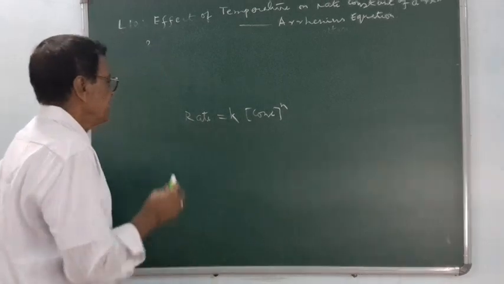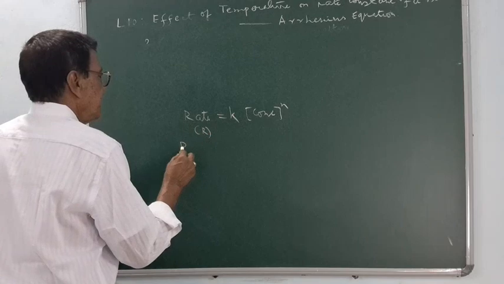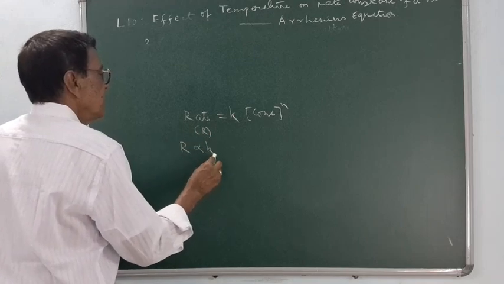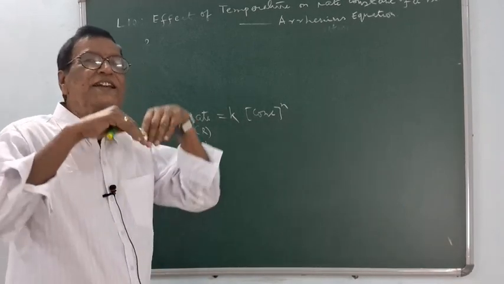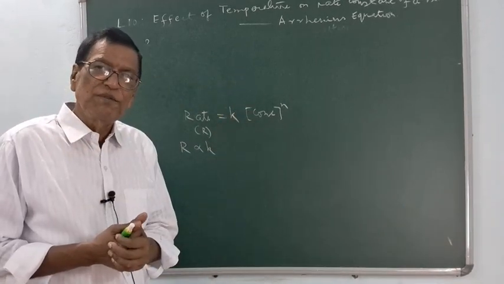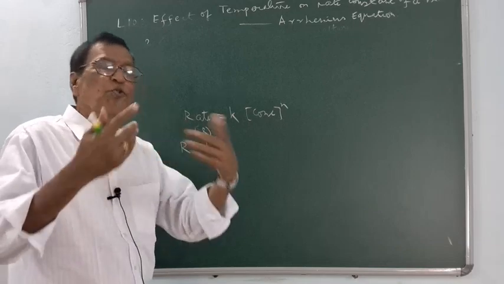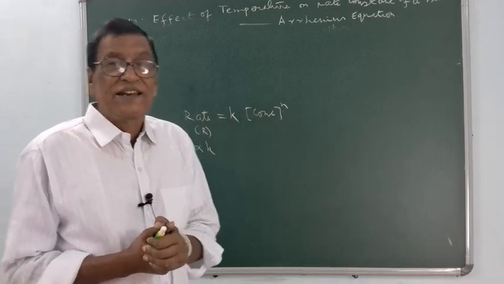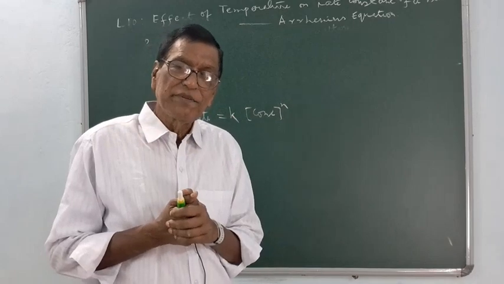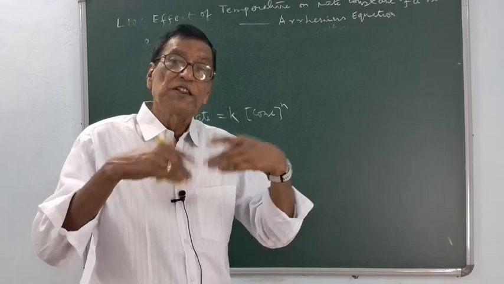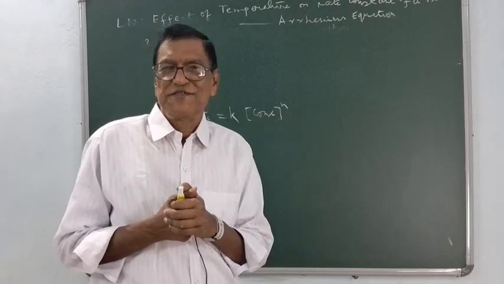So we can write this rate. Rate is proportional to rate constant of this reaction. If the rate is increased by 2 to 3 fold by 10 degree rise in temperature, rate constant will also rise 2-fold to 3-fold by 10 degree rise in temperature.